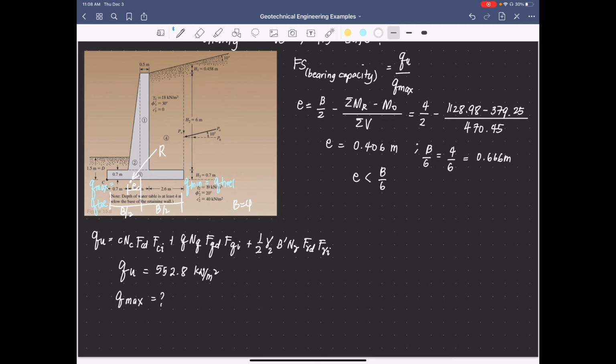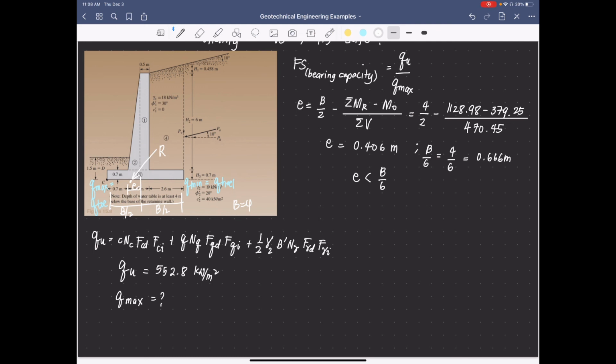So in that case, we can go on with the analysis, because if e is greater than B over 6, there is a negative Q min, which means that there is a tensile stress at the end of the heel section, which is not desirable because the tensile strength of the soil is very small.